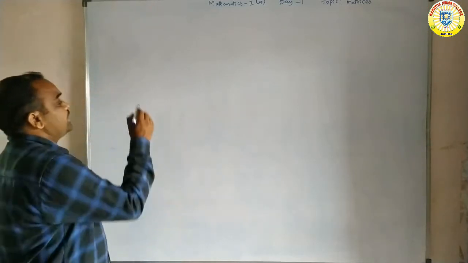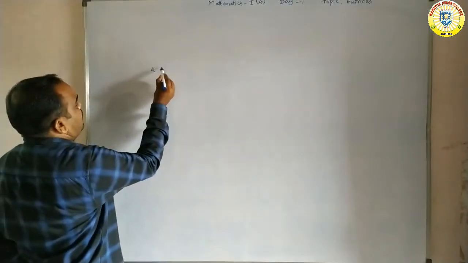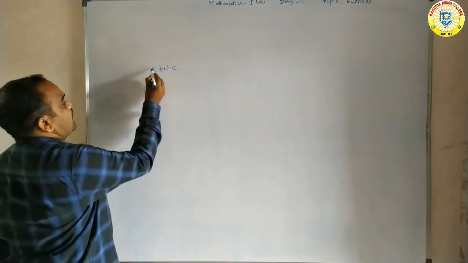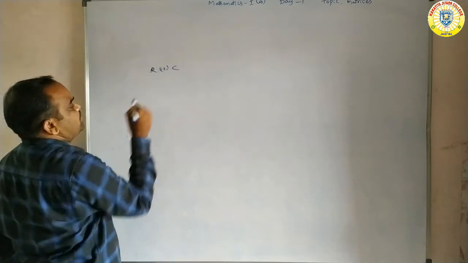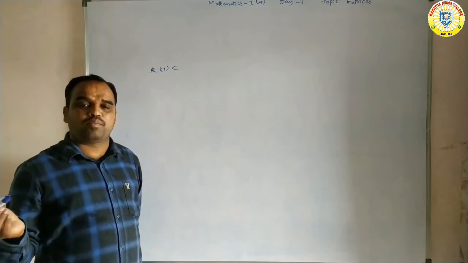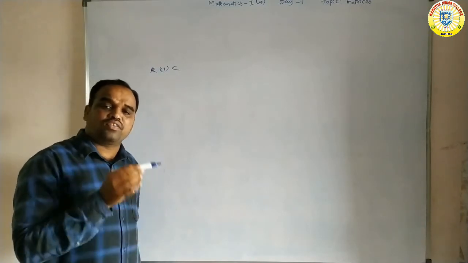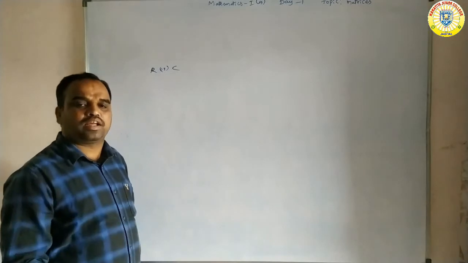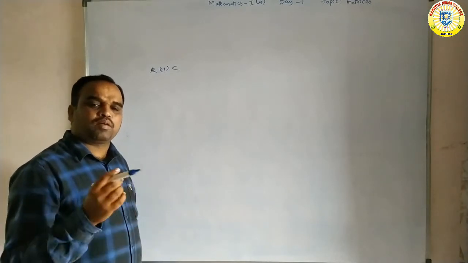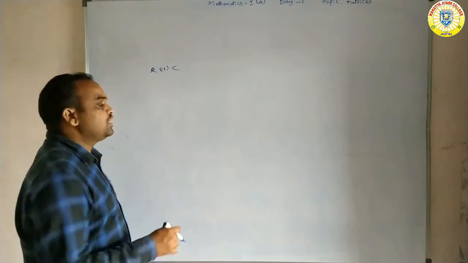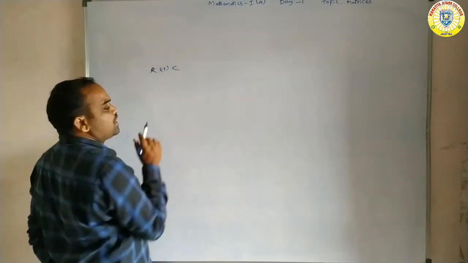Real numbers are denoted by capital R, and complex numbers are denoted by C. Real numbers or complex numbers are arranged in horizontal and vertical lines, otherwise horizontal line or vertical line. Here we can apply both horizontal and vertical, otherwise horizontal or vertical. Then this arrangement is called a matrix.